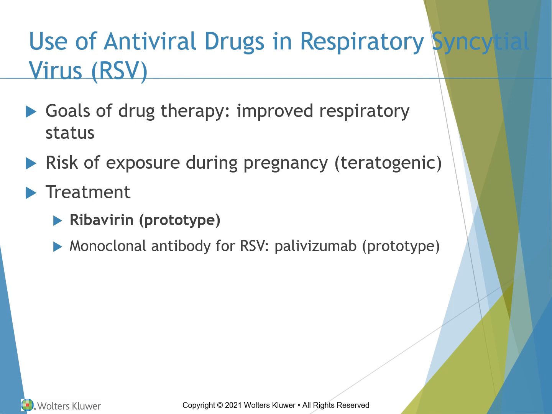So we need to ask specifically if this medication is going to be administered to a baby or a child who's less than 24 months old. We need to ask the mom, has your child had any reactions to any other monoclonal antibodies, any other humanized monoclonal antibodies.